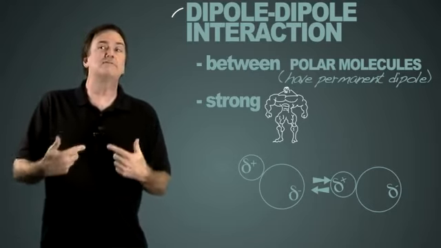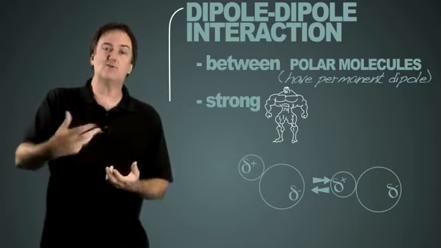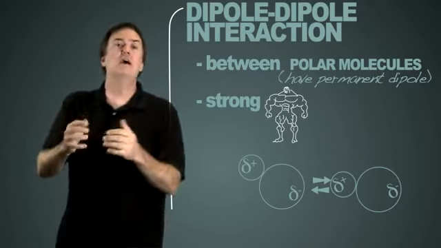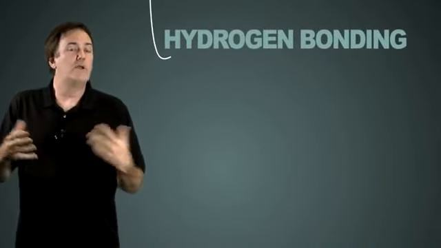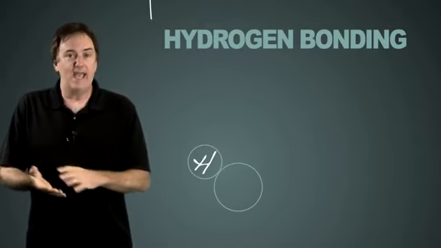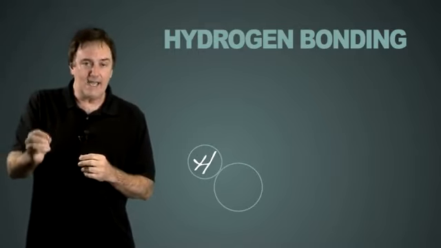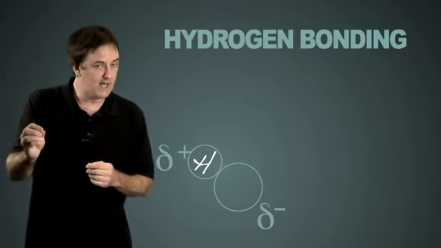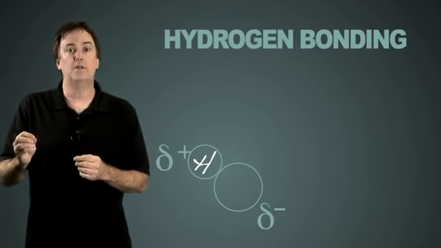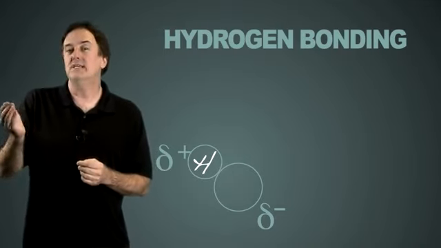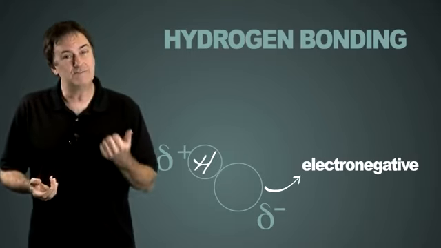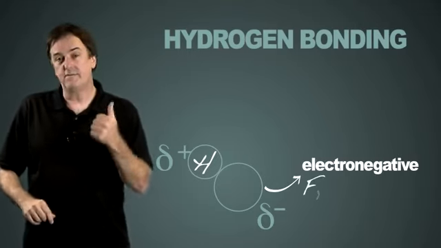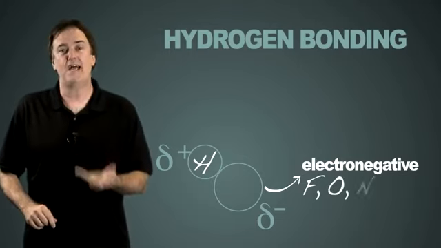Now we have a subset of that that's actually the strongest version of that. They're even stronger than a regular dipole-dipole. And we call it hydrogen bonding. And it's really because it involves hydrogen being the partial positive part of this molecule. Anytime hydrogen is covalently bound to a very electronegative element, and I'll be specific here, it has to be bound to fluorine, oxygen, or nitrogen.